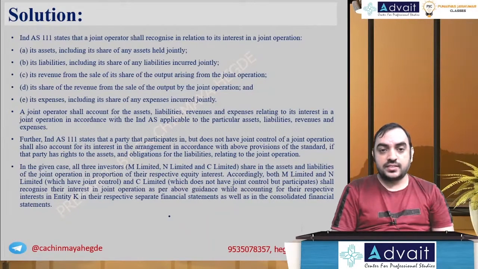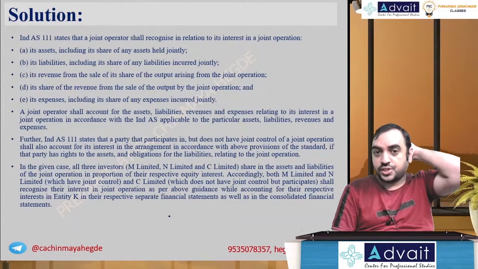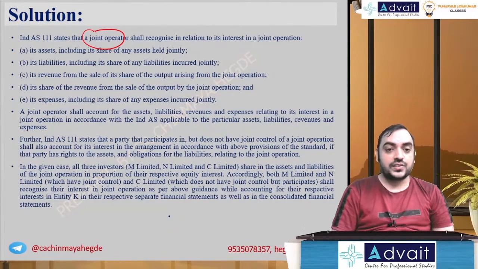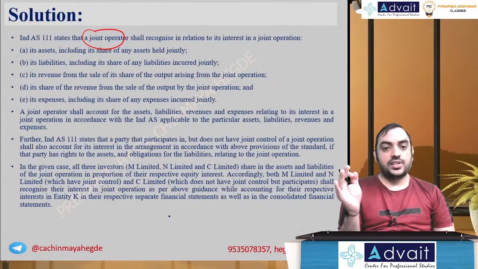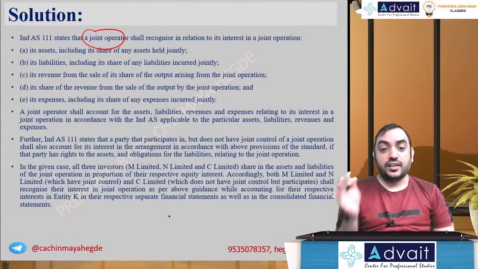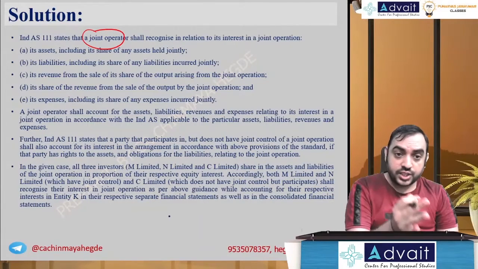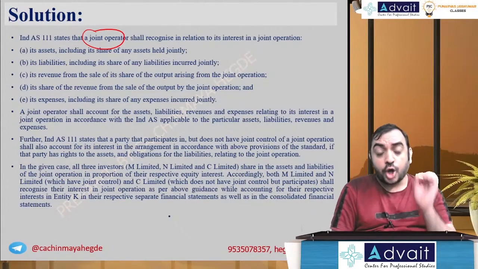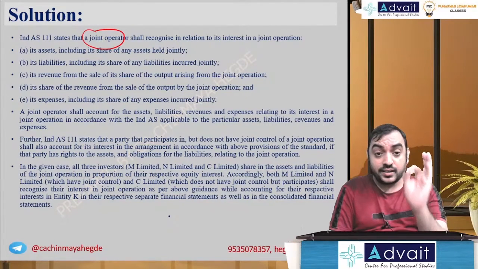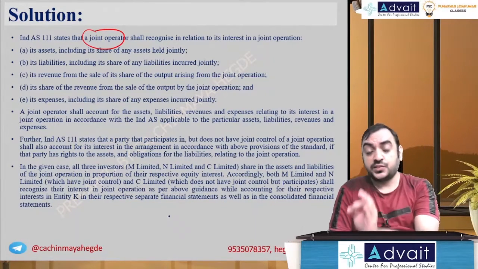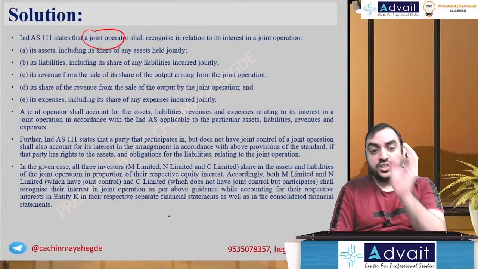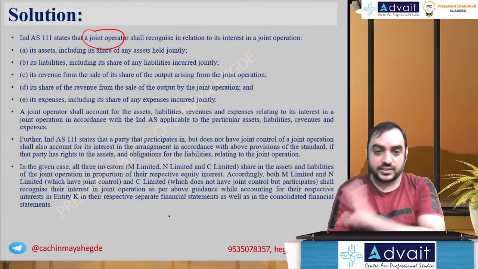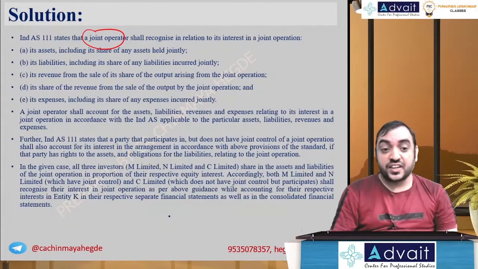Ind AS 111 states that a joint operator shall recognize, in relation to its interest in a joint operation, assets including its share, liabilities including its share, revenue including its share of revenue from the sale of output, and its expenses including its share. A joint operator shall account for the assets, liabilities, revenue and expenses relating to its interest in the joint operation in accordance with the Ind AS applicable to the particular assets, liabilities, revenue and expenses. Read further.